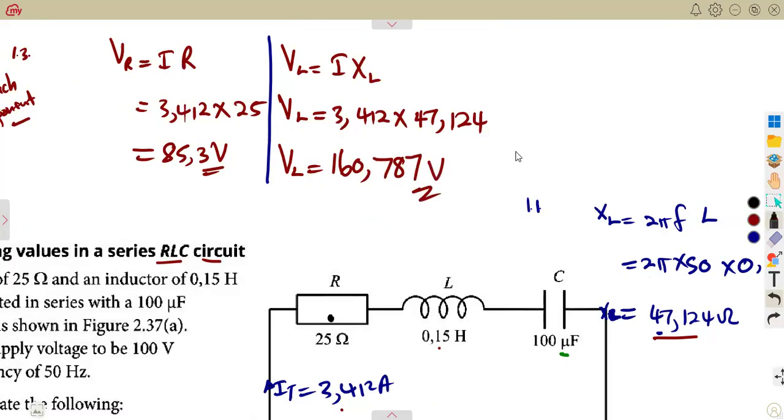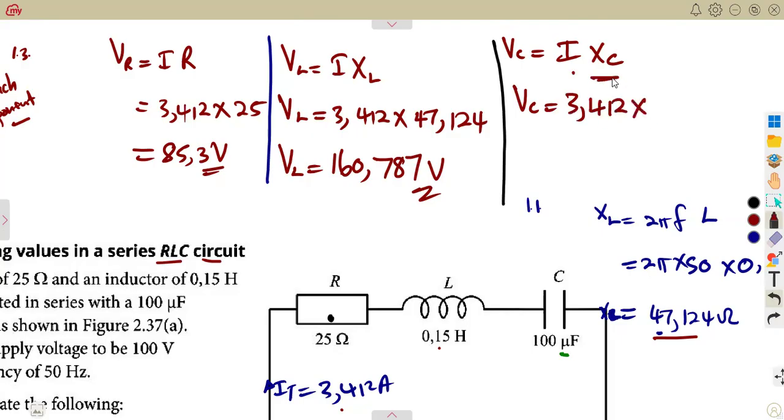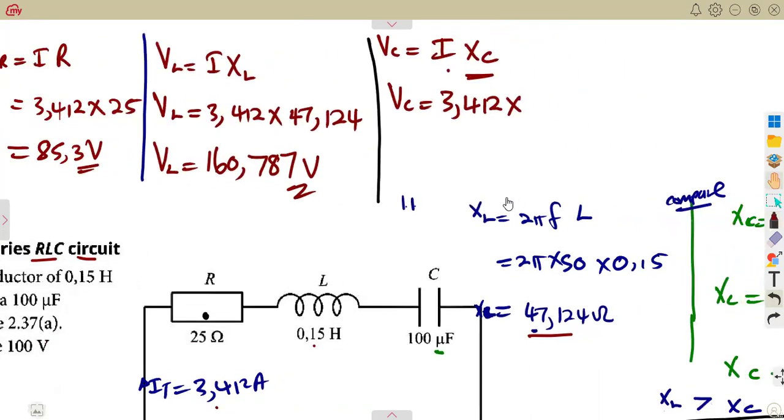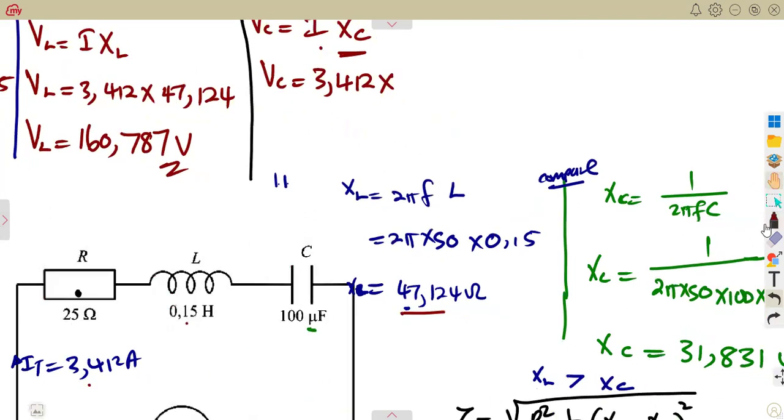You do the same thing to calculate the voltage across the capacitor, which is our VC. So VC is the total current times the reactance across the capacitor. Meaning the total current, guys, we have it, 3.412, times the reactance across the capacitor, which we calculated as 31.831.